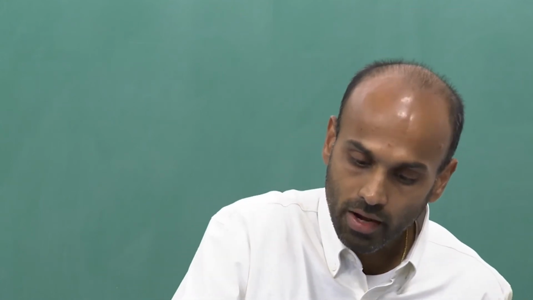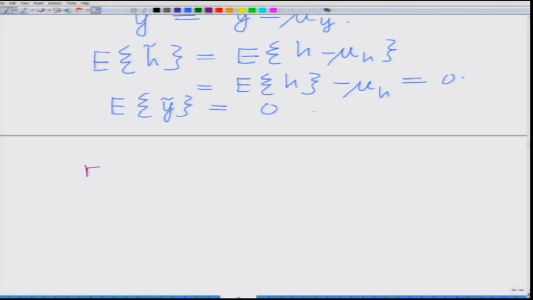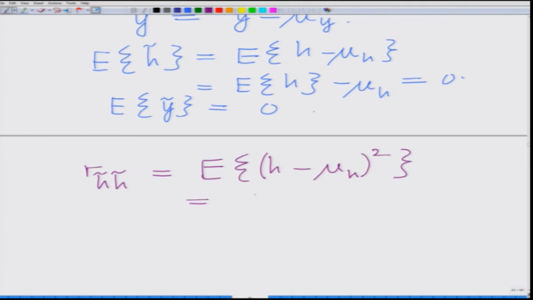So, now I need r h tilde, which is expected value of h minus mu h whole square, which is nothing but the variance of the parameter h, correct. This is r h comma h.